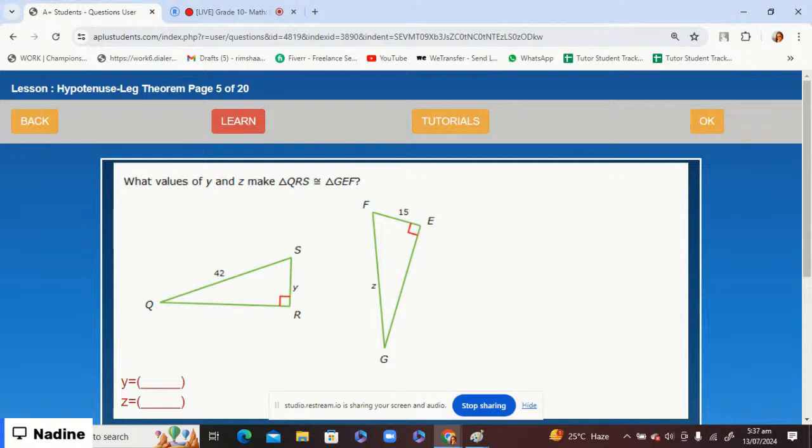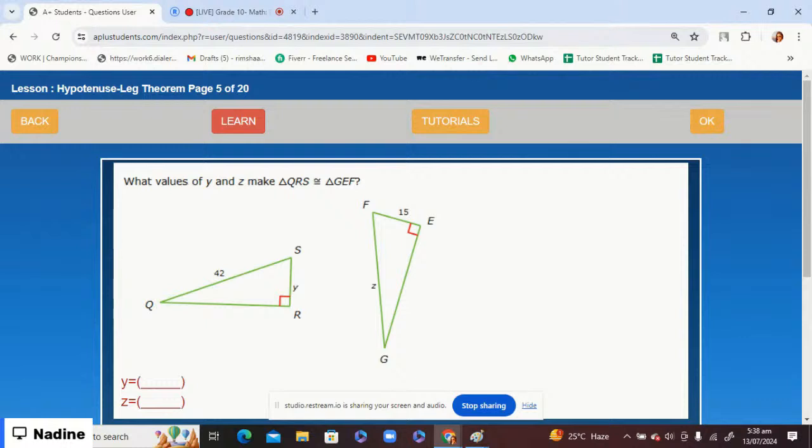What values of y and z make triangle QRS and triangle GEF congruent? Okay, look here at side 15 and side 42. How to make the 15?